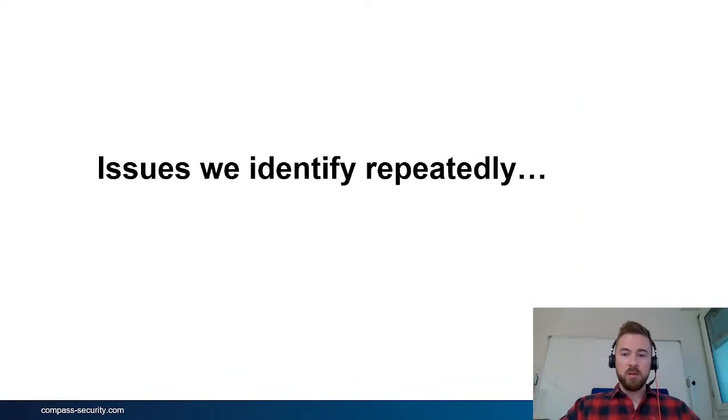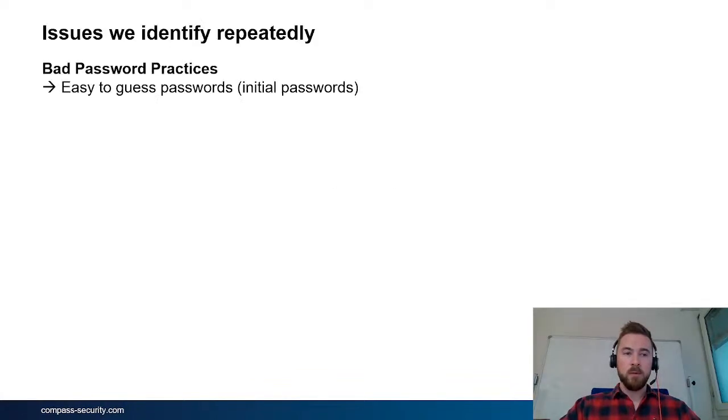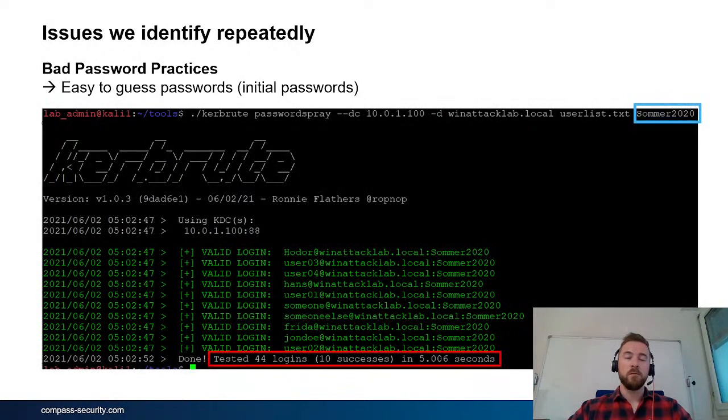About the issues we identify repeatedly. So let's start with the bad password practices. One point there is we often identify easy to guess passwords like initial passwords. And what does this mean? So often help desk resets the password for end users and uses some sort of initial password like summer 2020 or winter 2020, or be it the company name.